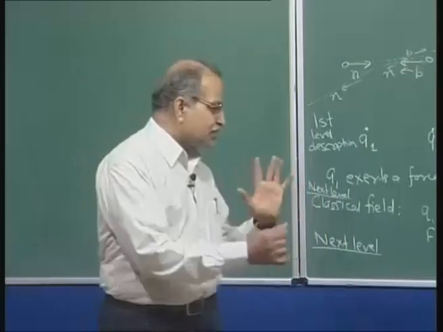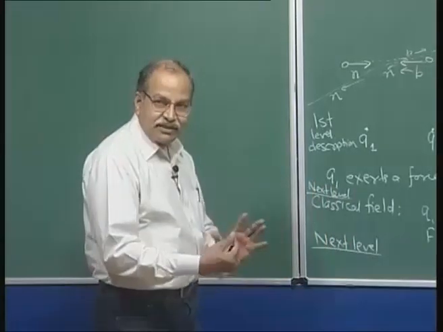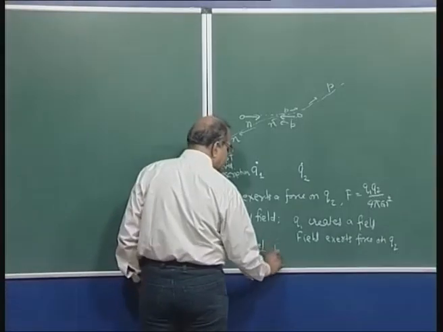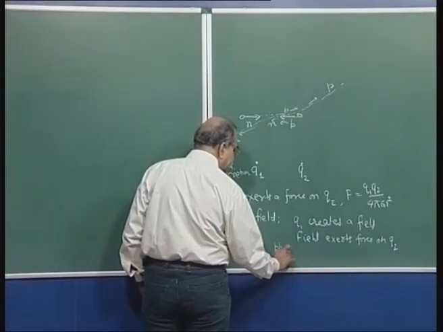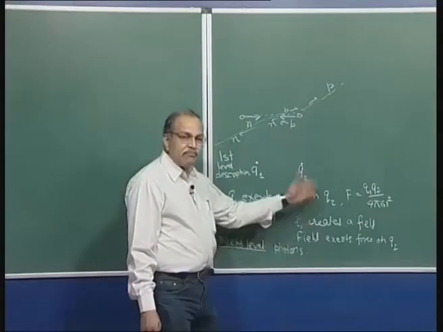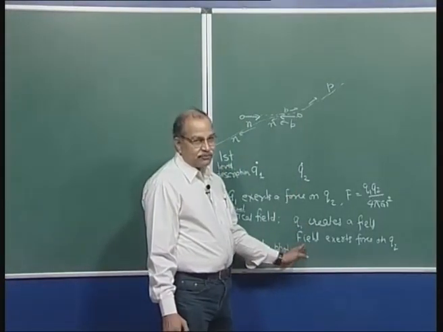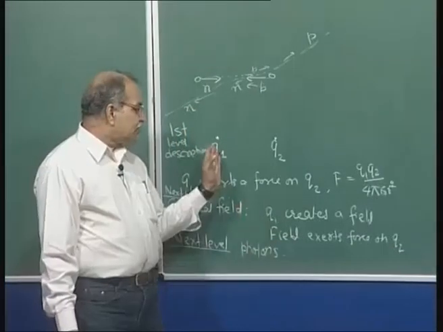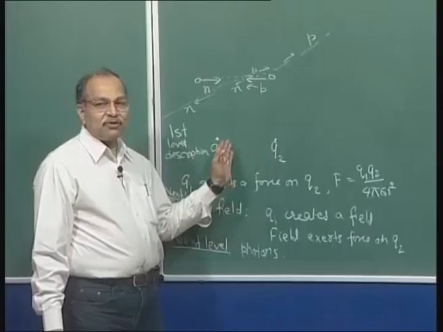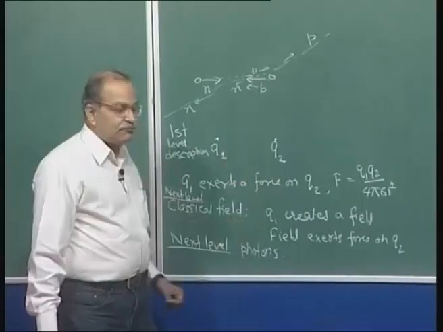So, the field is described in terms of quantized units, and there come photons. The interaction between Q1 and Q2 is through the exchange of what we call virtual photons.